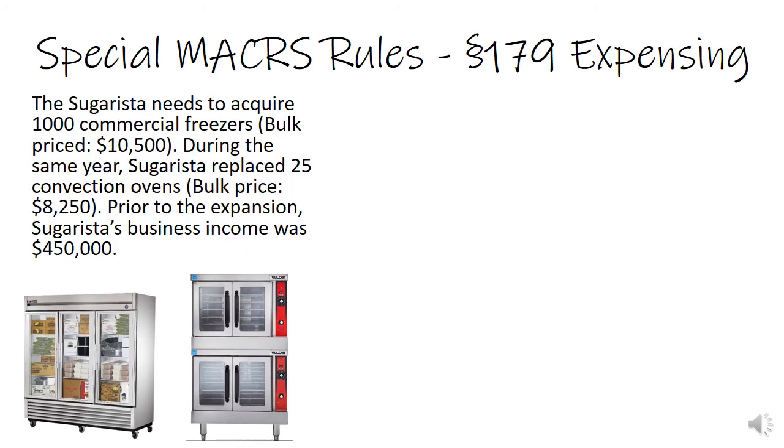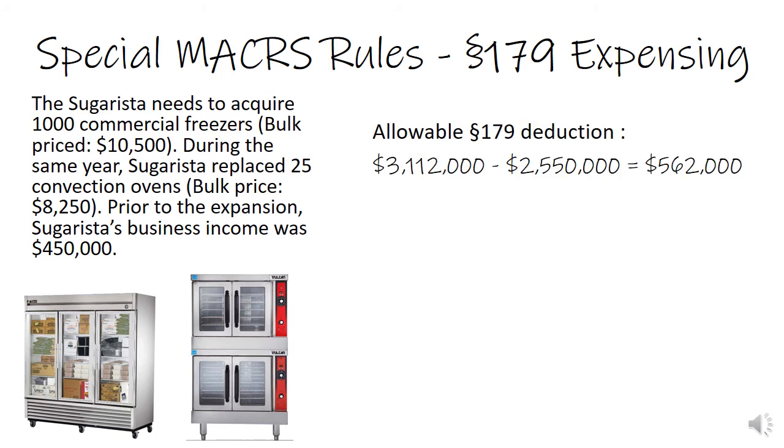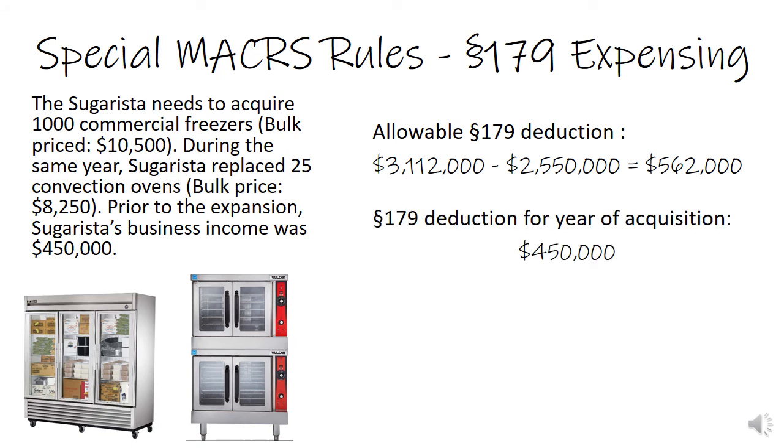So now let's see finally what would happen if the sugarista's business income was less than the price of the deduction. We've still got the allowable Section 179 deduction of $562,000, but now we're constraining it to her annual business income, which was $450,000 for the year of the acquisition.